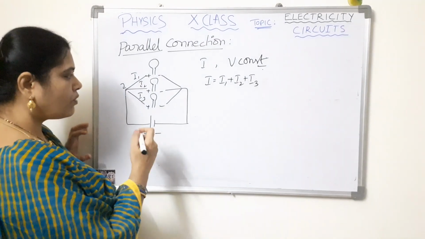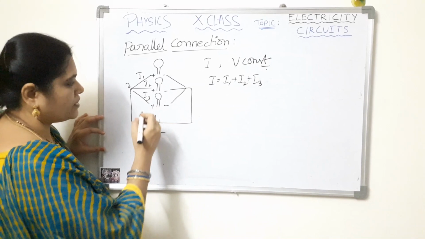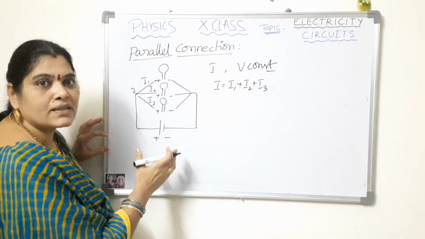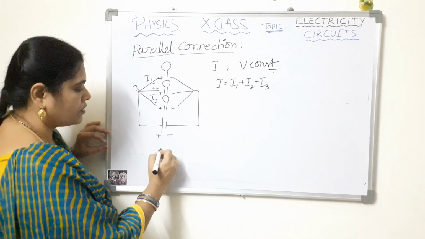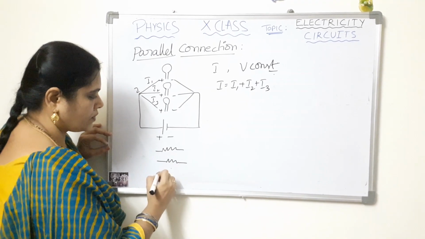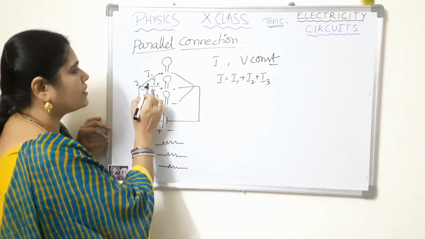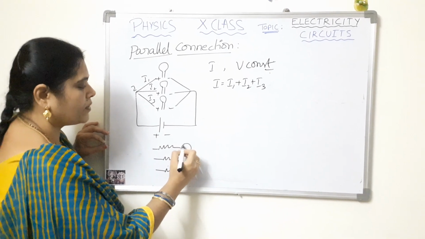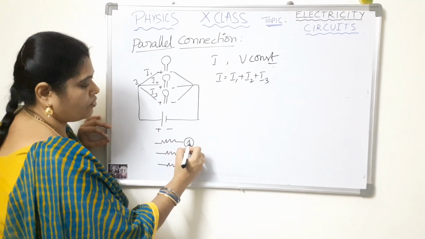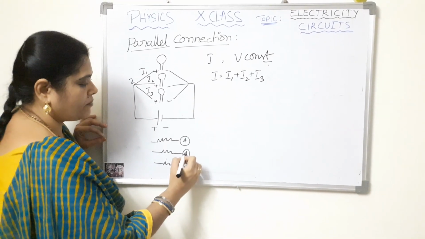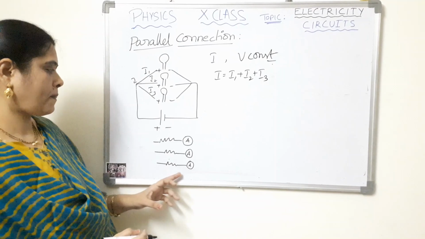And if you want to draw the circuit, the schematic diagram for these resistors, how will you draw? Take 3 resistors. And we understand that in each way I is different. So for measuring I, what will you put? You will draw an ammeter. An ammeter is always connected in series.